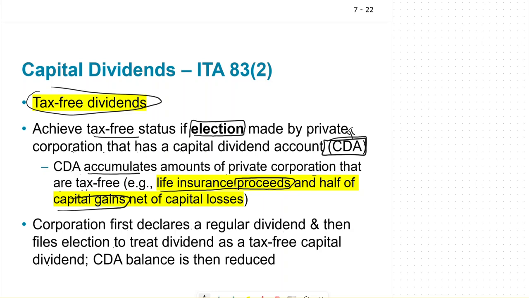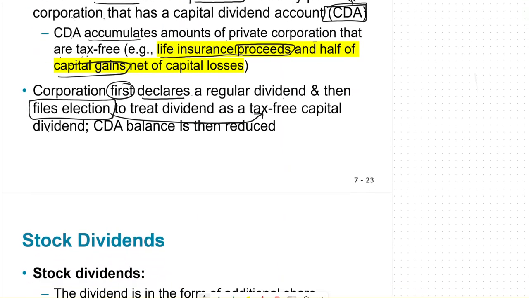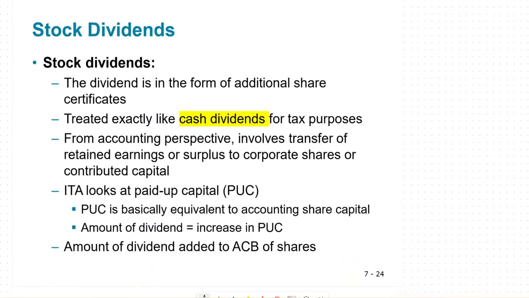So the company first has to declare a dividend, and if they don't want to pay taxes on that, they have to file an election. Then they can have this dividend paid out to them as a tax-free dividend. As a corporation, you could have a cash dividend and a stock dividend.